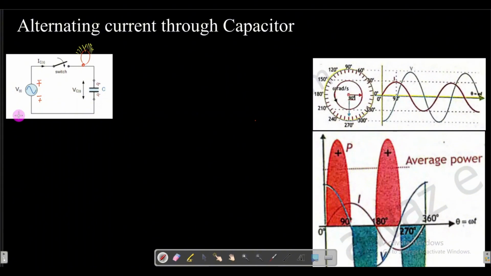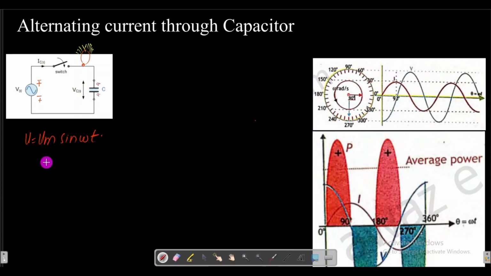Let's take the instantaneous value of this alternating voltage, given by V equals Vm sine omega t. Due to this alternating voltage, a potential difference will develop between the plates of the capacitor, and charges will appear on the plates.